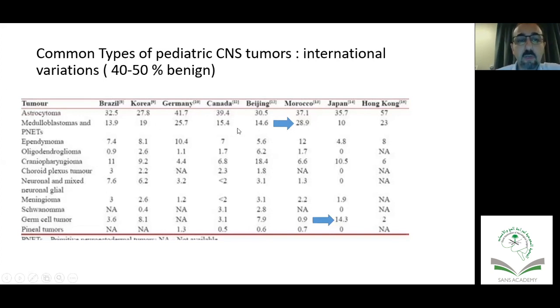Medulloblastoma is slightly higher in this region. Ependymoma is number 3, at around 7-8%. Craniopharyngioma is a good percentage, between 6.4 and 11%. Choroid plexus tumors are not very common. Germ cell tumor, remember, is very common in Southeast Asia, in Japan and Korea. So it is important to recognize the variation in the types of brain tumors between countries.